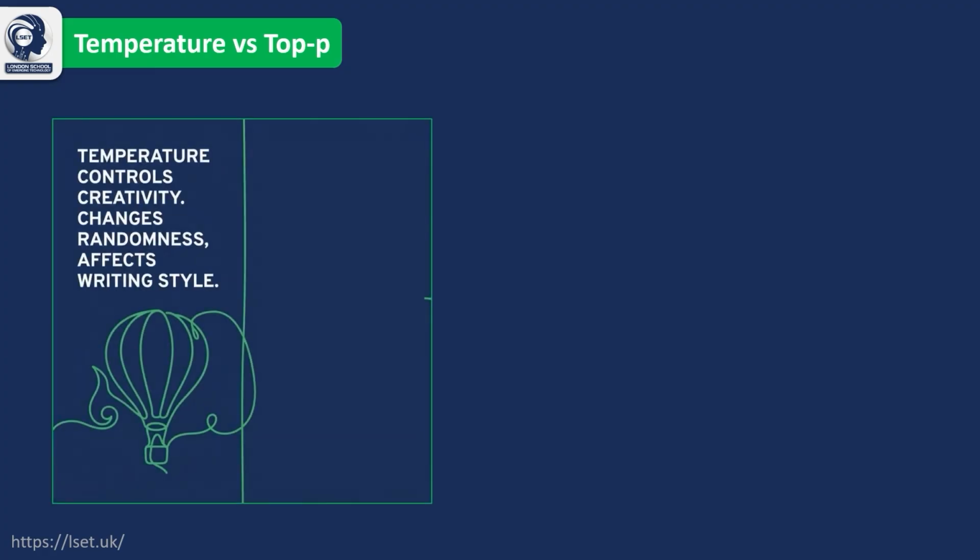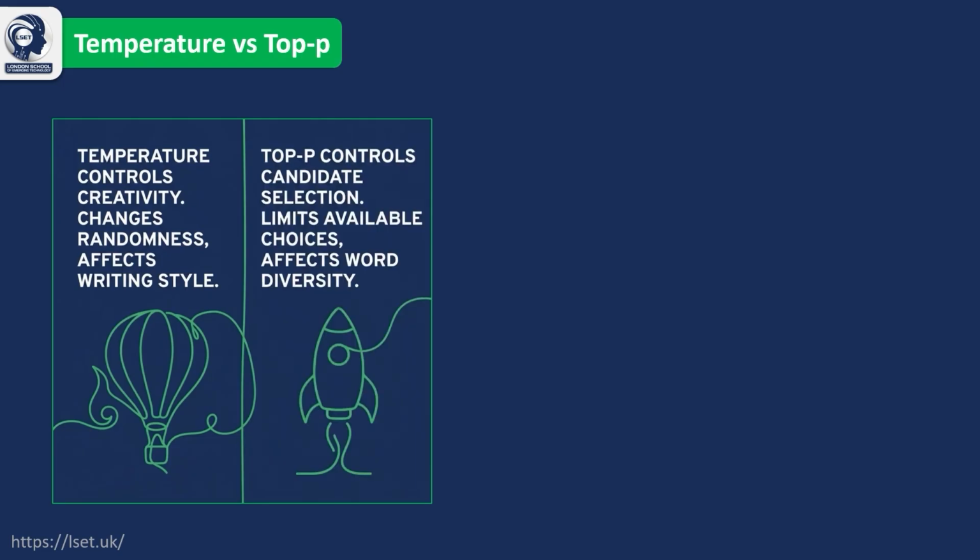Now let's compare temperature and top P to understand how they work together. Although both influence the AI's output, they serve different purposes. Temperature controls the level of creativity by determining how random or predictable the AI's responses will be. In contrast, top P controls the pool of candidate words the AI can choose from, influencing the diversity of its vocabulary.